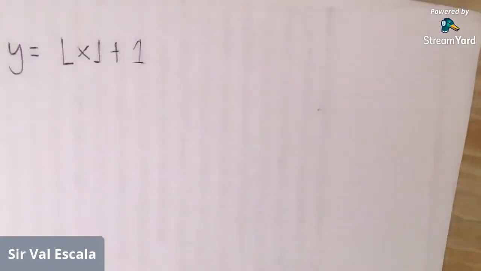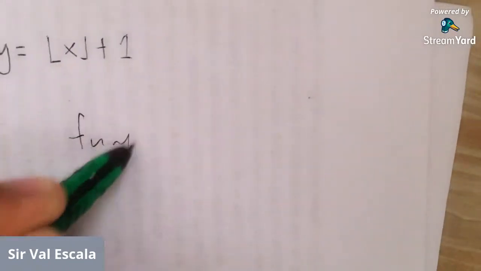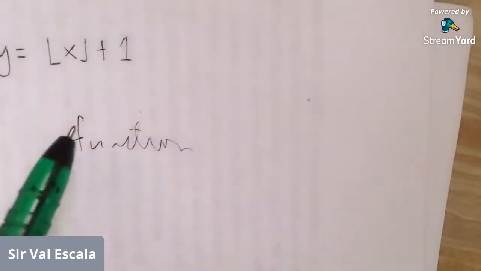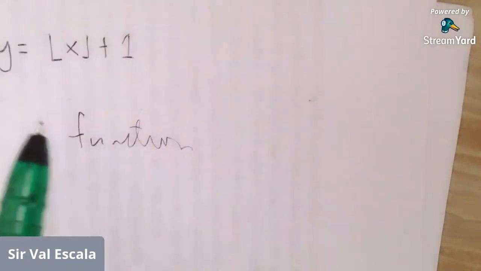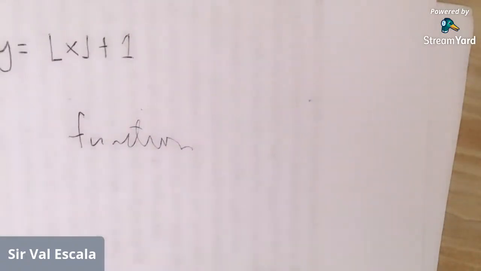Okay, last. Y equals, meron tayong plural function of x plus 1. Ito ay function pa din. Pwede pa rin naman siyang i-count as a linear function. Kaso, anong nangyari? Meron tayong plural function.